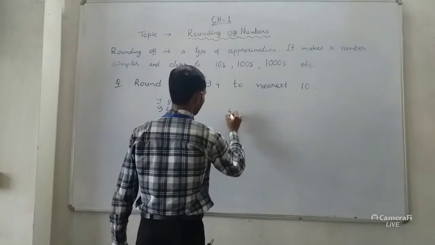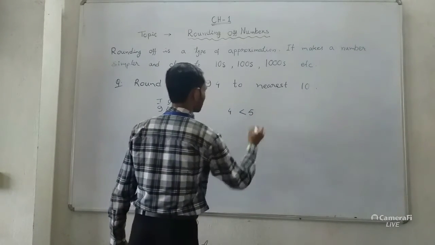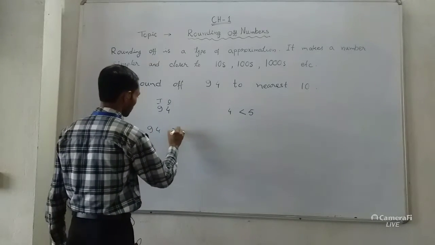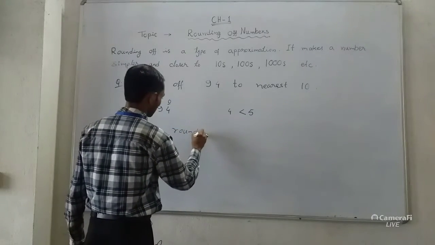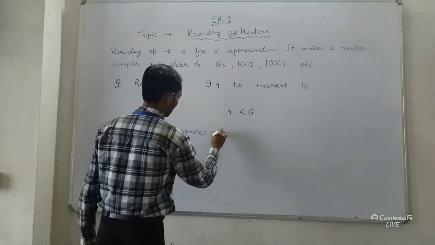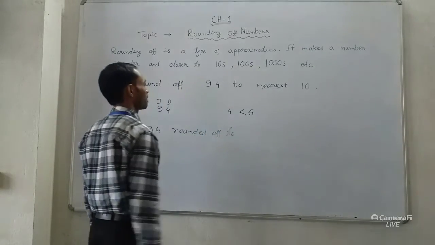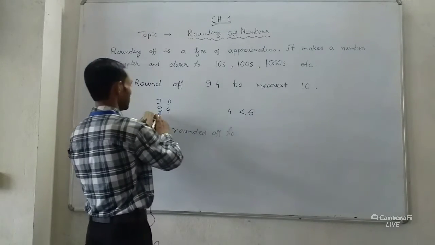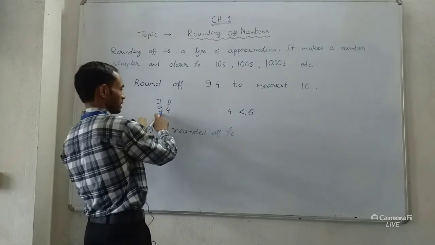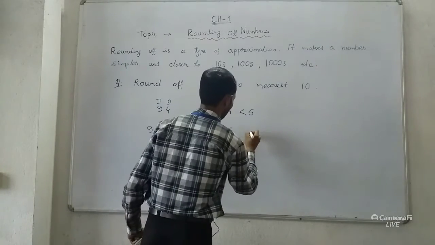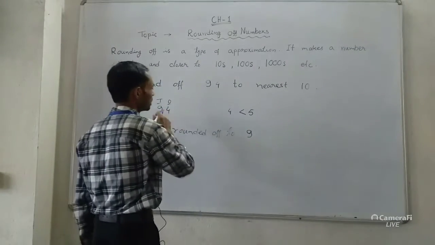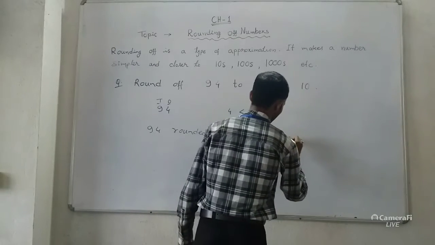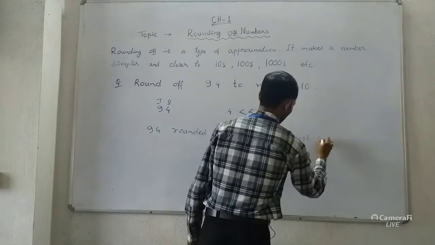Now check, the ones place digit is less than 5. So 94 rounded off to... as the ones place digit is less than 5, the 10 place digit remains the same, so 9, and the ones place digit becomes 0, so 90, nearest 10.